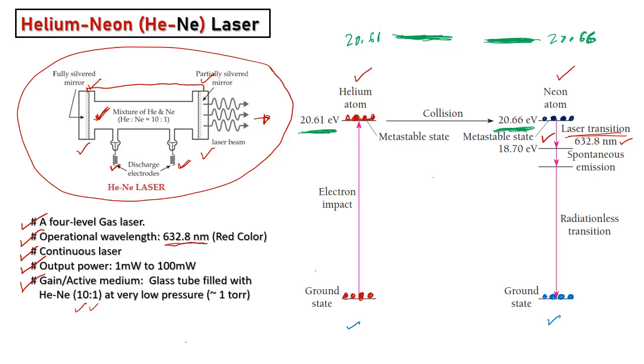So what happens is, some of the excited atoms of helium transfer their energy to the ground state neon atoms in collision.